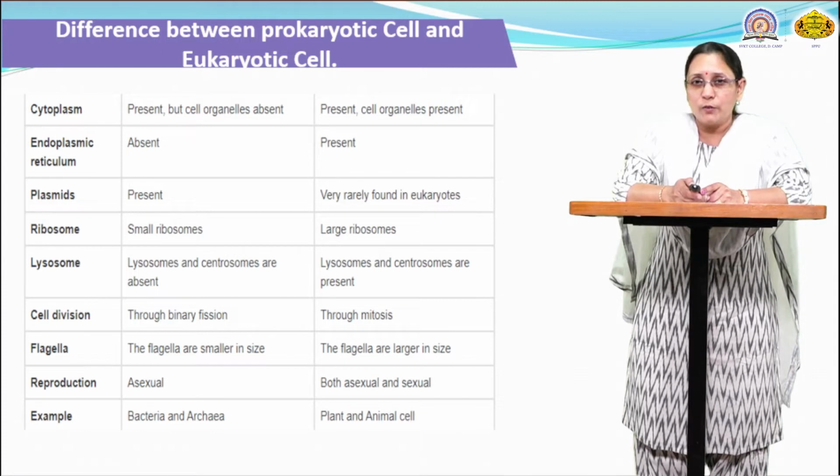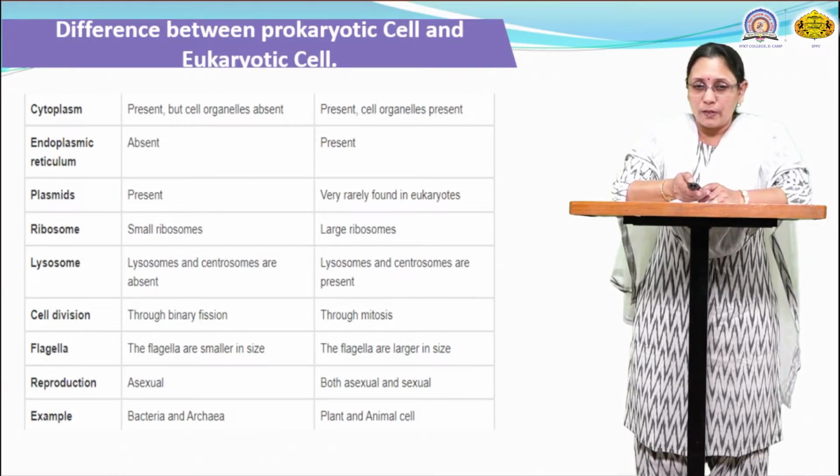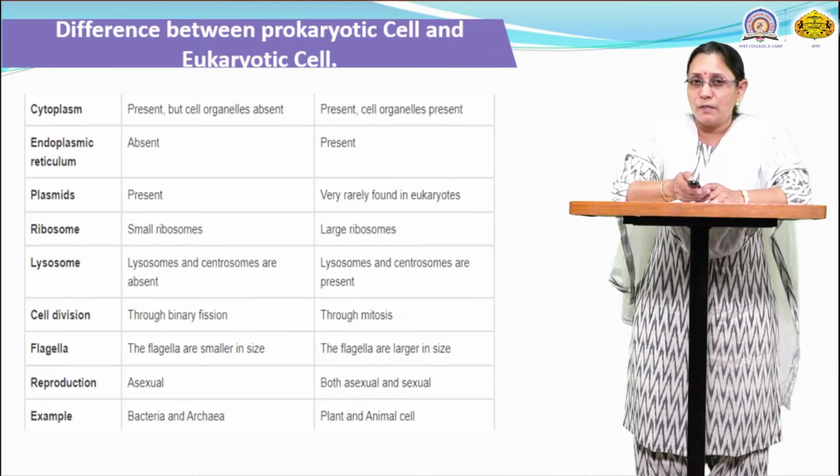Endoplasmic reticulum is absent in prokaryotes, while it is present as a network-like structure in eukaryotic cell. Then plasmid, which we call extra chromosomal material, is present in prokaryotes, but this structure is not present in eukaryotes.